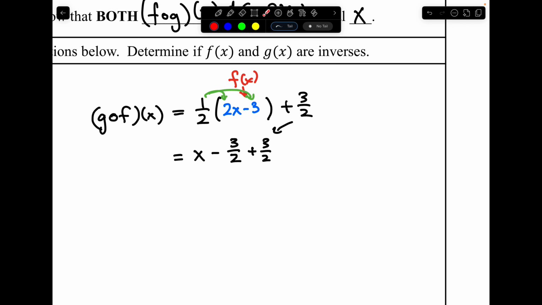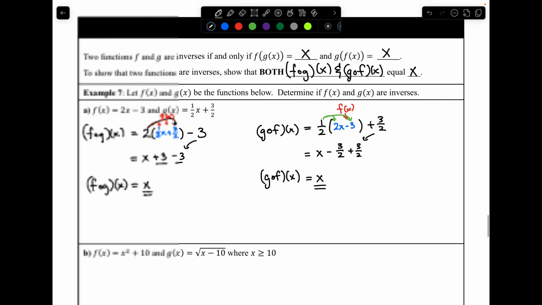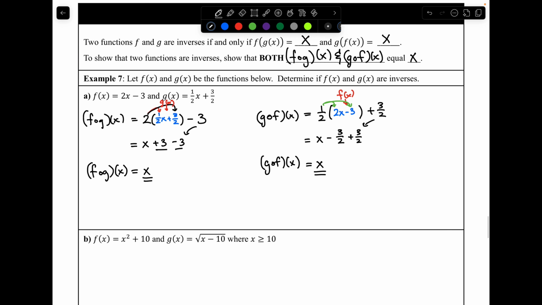And now I can combine these two terms. Since a positive and a negative cancel, we end up with 0 there. So negative 3 over 2 plus a positive 3 over 2 is 0. So we just end up with x. So you see here, these two things are inverses of each other because when we do the composition, the operations cancel themselves out, leaving us only with the identity value of x, 1x.